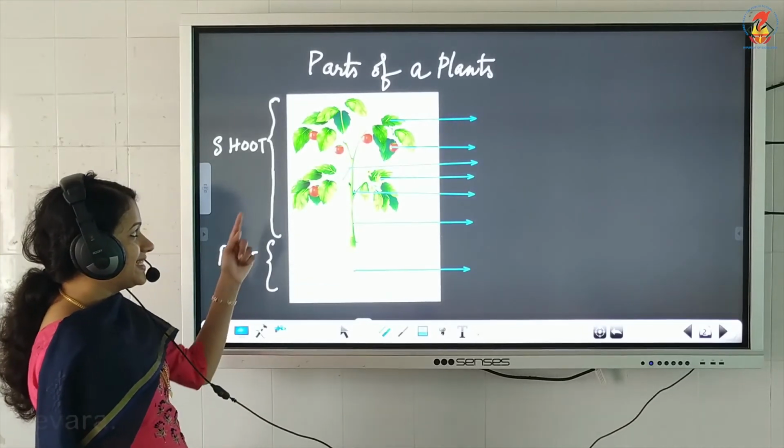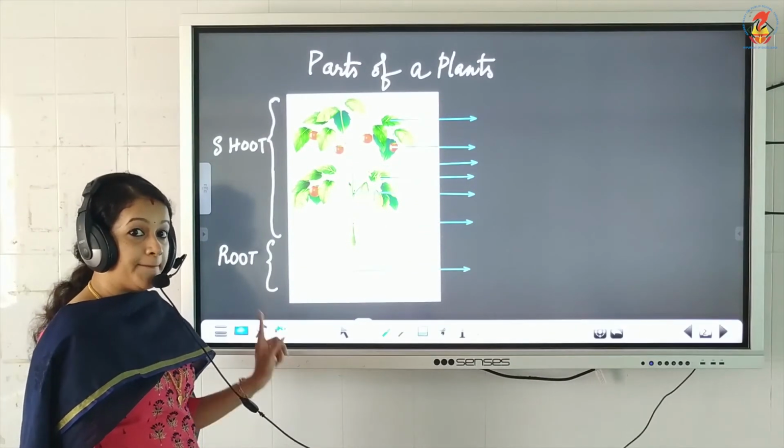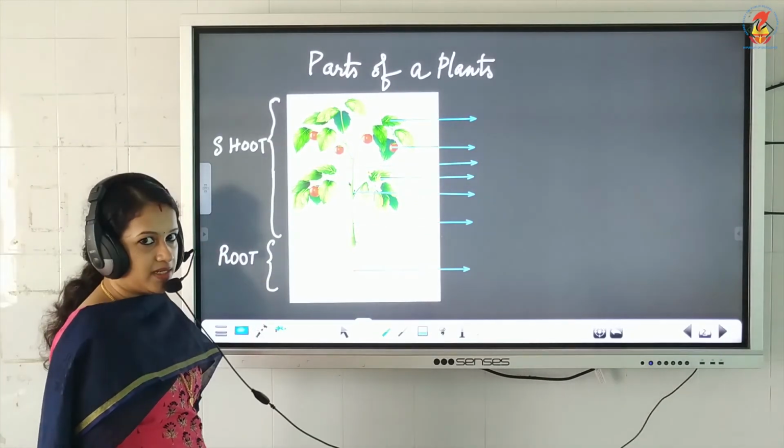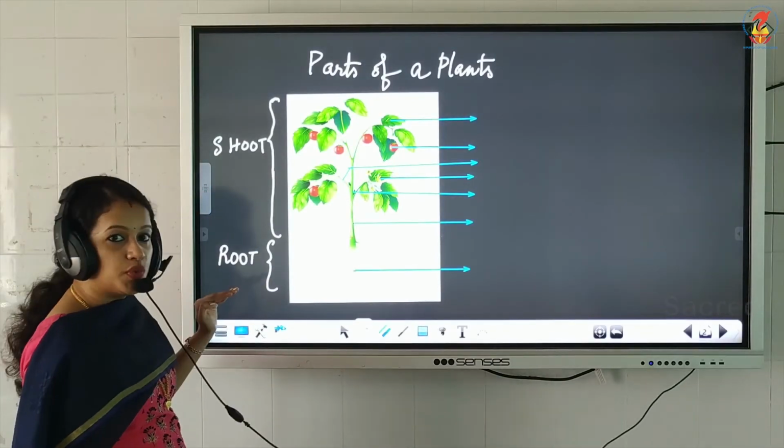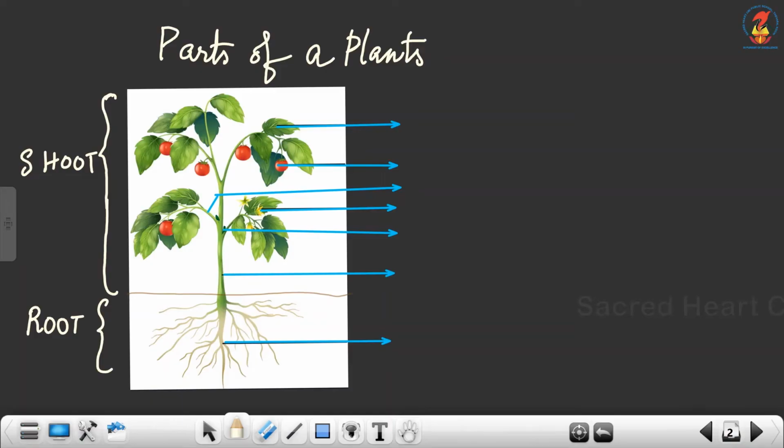So first let us see what are the parts of this plant. So in the shoot we can see leaves. The green colored part is called leaves, or simply you can call it as the leaf. Okay, this is the leaf.